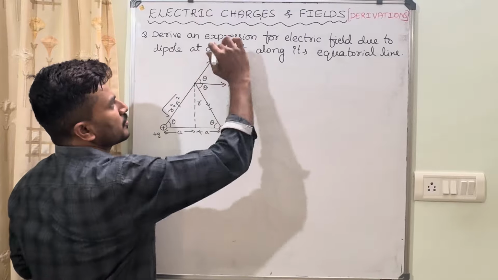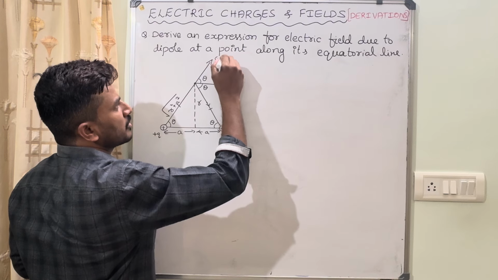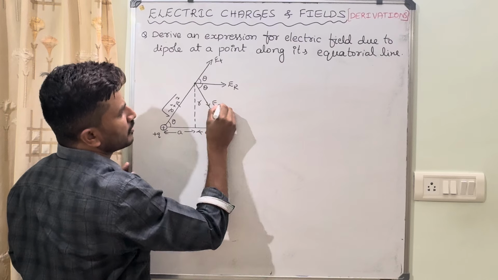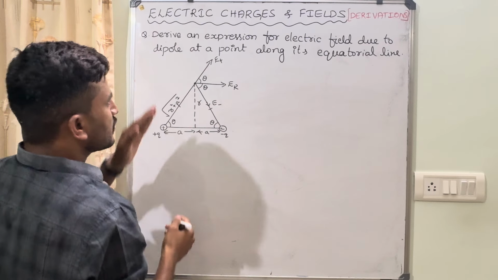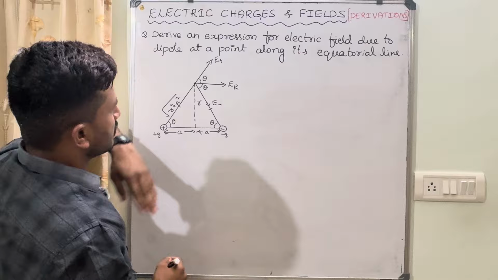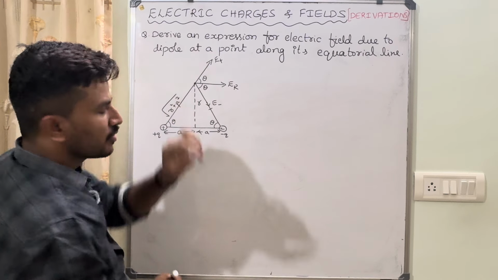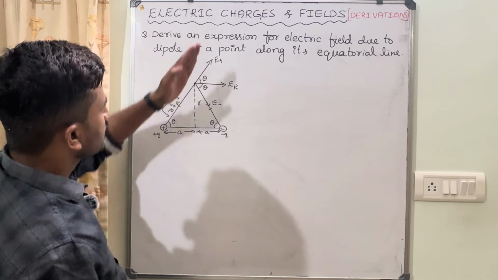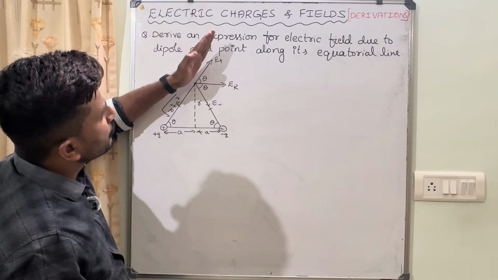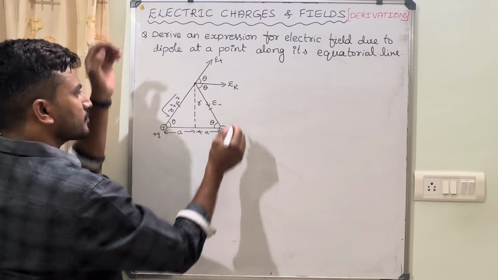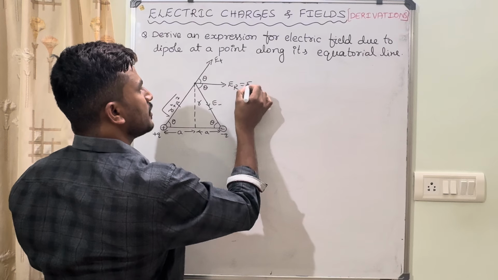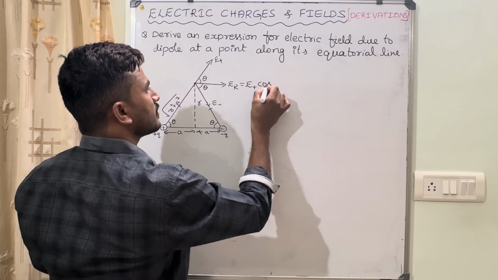So what is this one? Electric field due to positive charge. This one, electric field due to negative charge. So we have to add E plus and E minus. To add E plus and E minus, we have to use vector addition laws. So let us take the component of E plus along x axis, that is E plus cos theta.